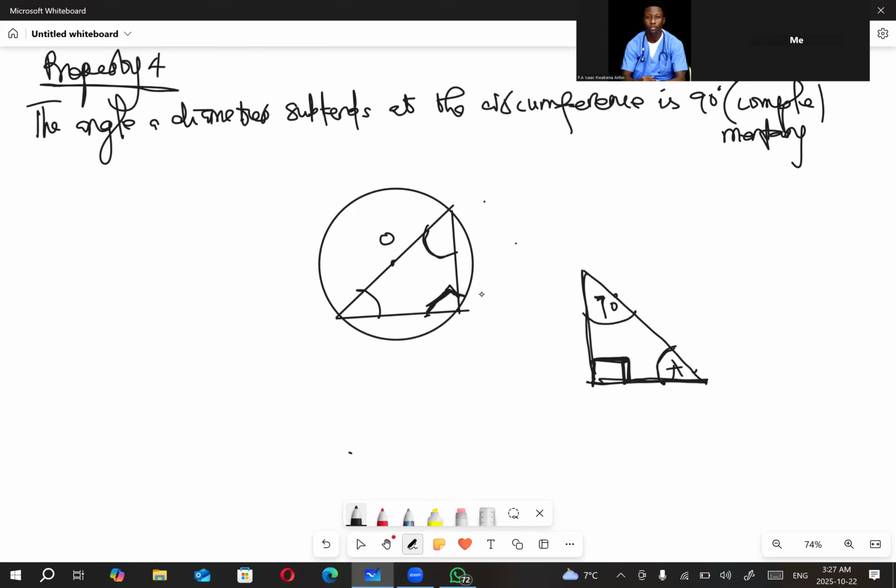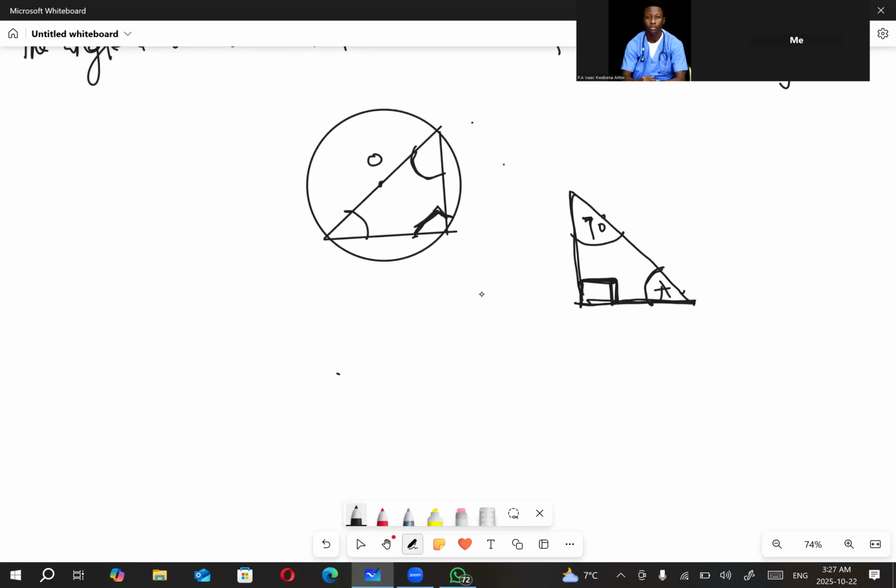So when I give you one here to be 50 degrees, and I ask you to find Z, this is what you're going to do. Just write Z equal to 90 minus 50, isn't it?